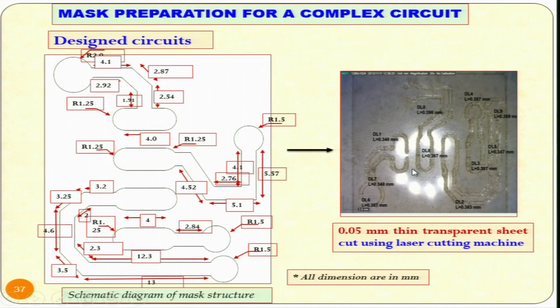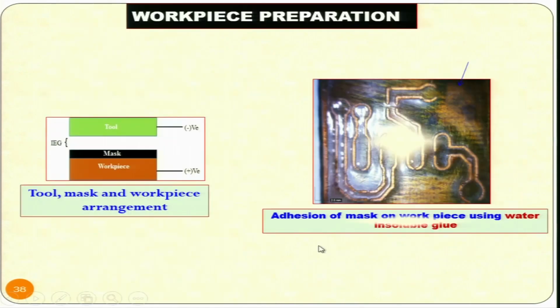So this effect we will see in the machine component. How it was done? Tool was there, mask was there, workpiece was there, and the workpiece was positive, tool was negative. Now this is the one addition of mask on the workpiece using water insoluble glue. So, this is the mask that has been adhered on the workpiece.